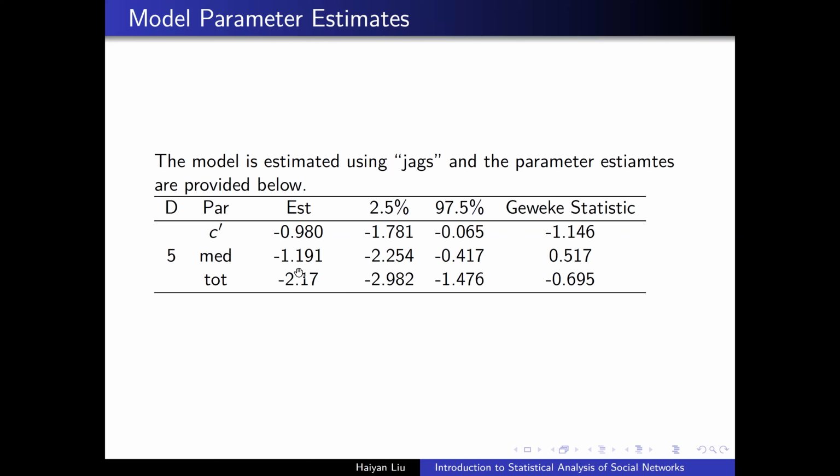Now, the total indirect effect is also negative. It means that part of those differences is due to the friendship network. So male students smoking more is partly due to the network. Due to the social network, they smoke more.